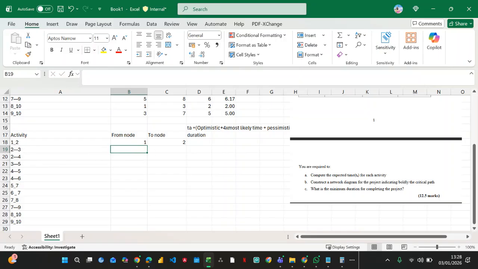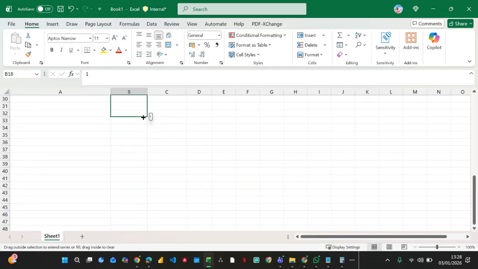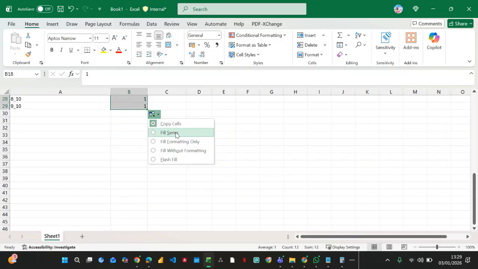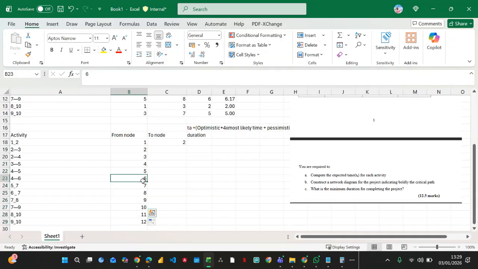Now, if I have two, let me just have one to nine, because these are other activities. How did I get up to nine? This is one, two, three, four. I have four twice here.